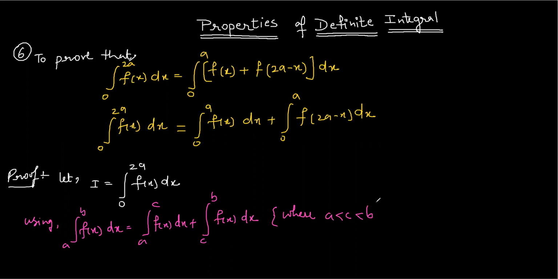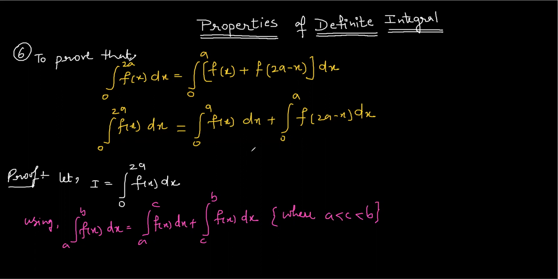That is, number c is greater than a but lesser than b. So you had a to b, you wrote a to b as a to c plus c to b. Now this property I'm going to use on my LHS, left hand side of the theorem which I am proving.